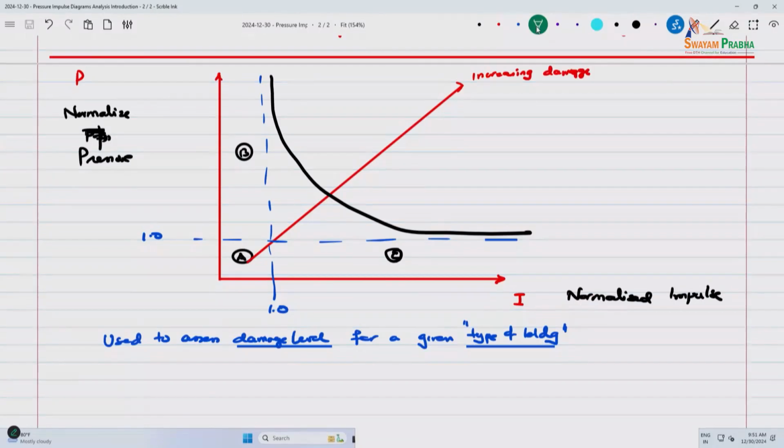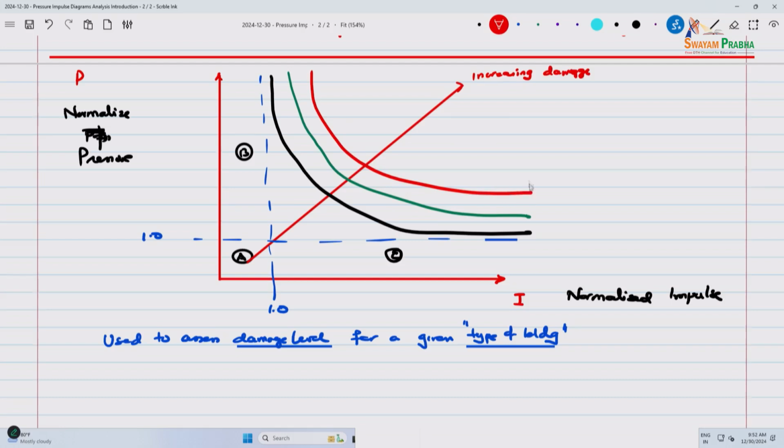And the levels of protection are given by several of these curves. These are all asymptotic. This is usually a very high level of protection.